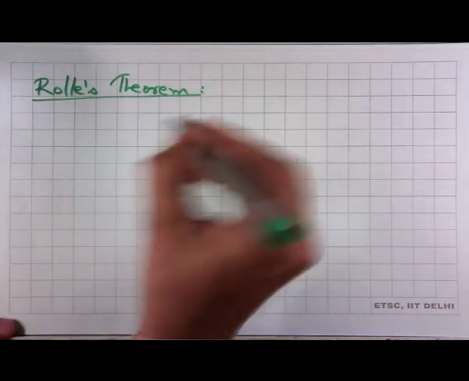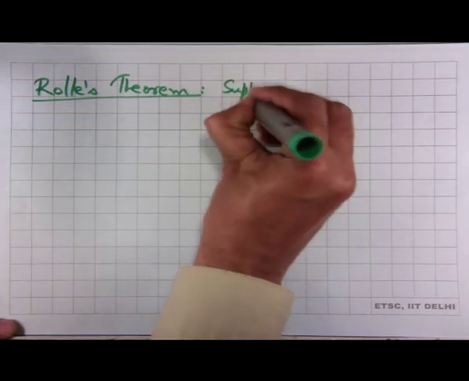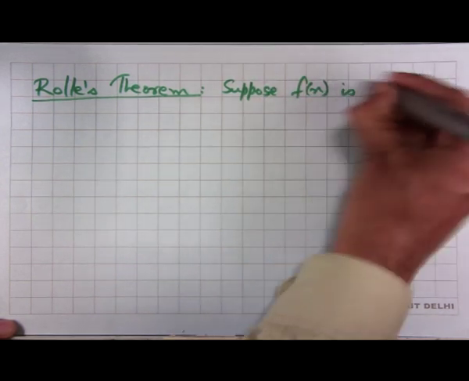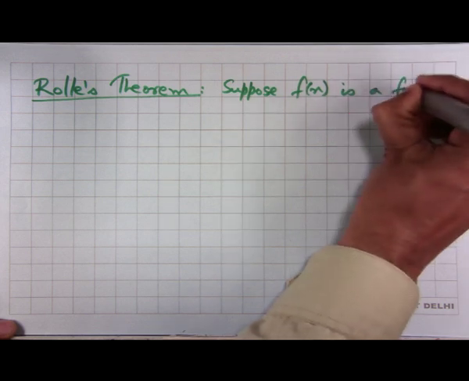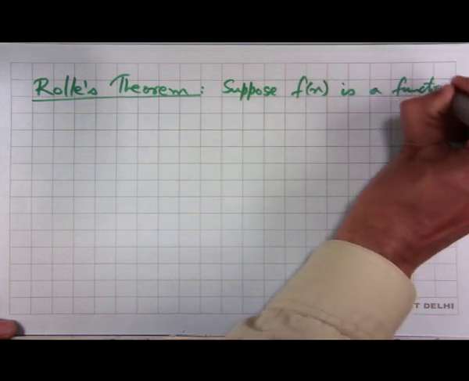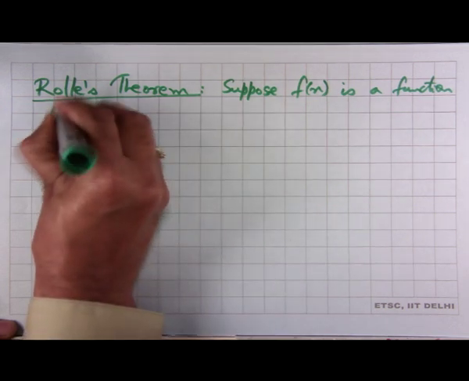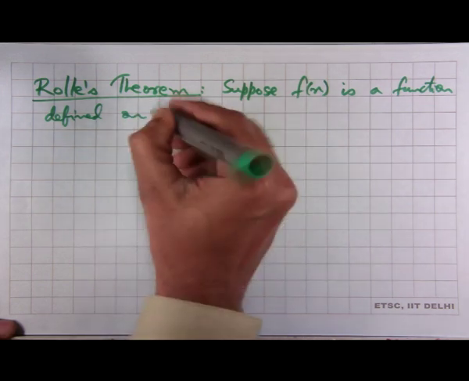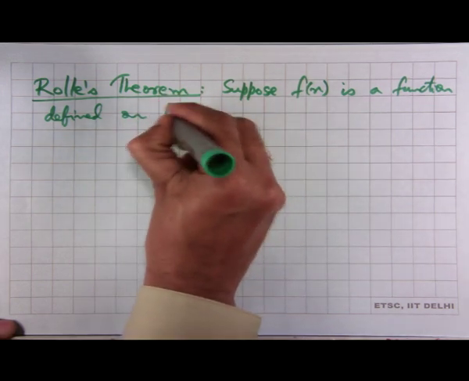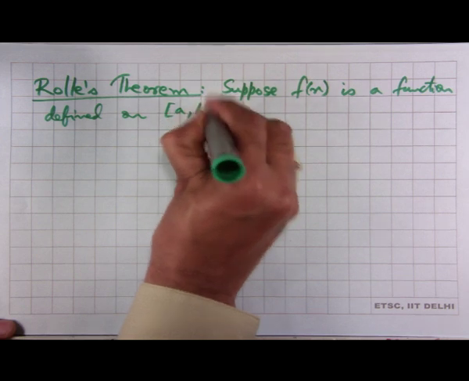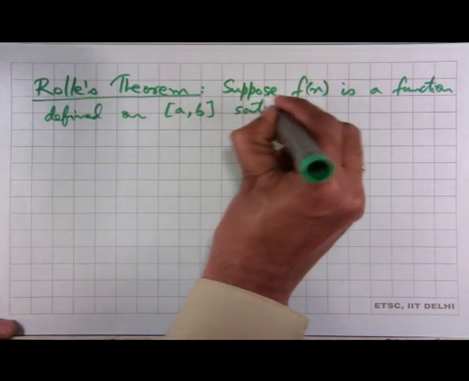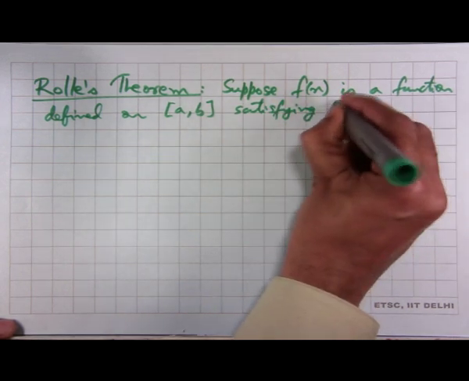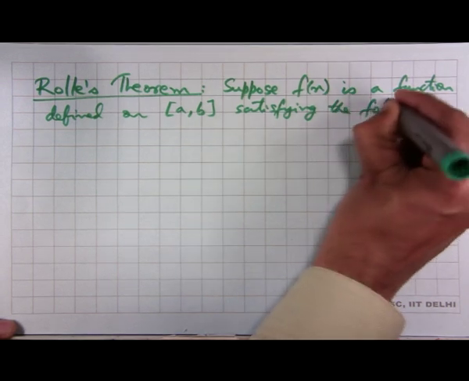This says that suppose f of x is a function defined on a b satisfying the following three conditions.